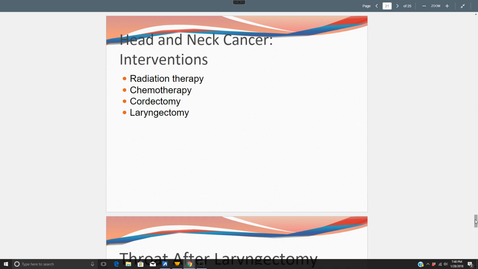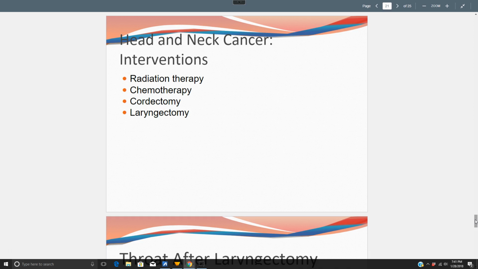So for all study purposes, it's not necessary to learn these in depth right now until we get to that particular system, okay? Because there's a lot of things that are important to know as to our patients who do develop cancer.